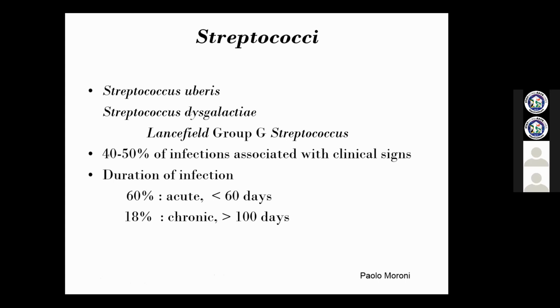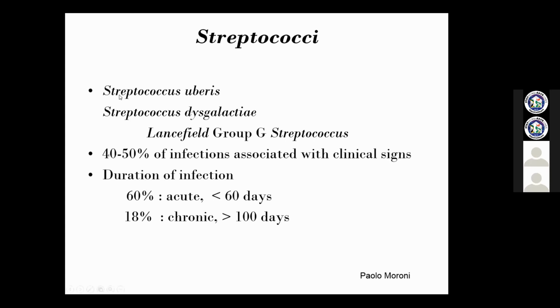If we move then further to our streptococci, Strep dysgalactiae is at the moment not a big role, but I know in some of the European countries, and I know for a fact in Israel, this is starting to become a big problem. They're also very difficult to treat and get rid of.